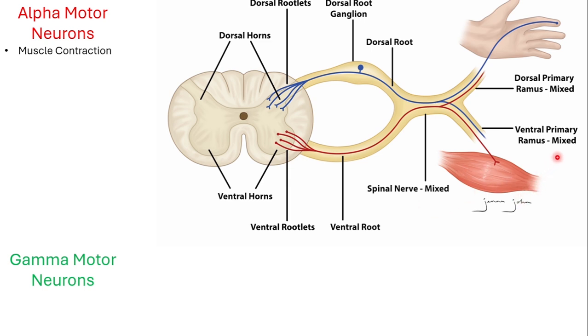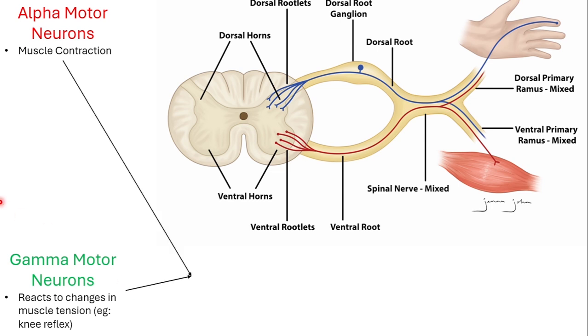So for instance, if we do a knee reflex and we hit with a hammer here at the tendon, there's an increase of tension on that muscle. What senses that increase in tension is the gamma motor neurons. Okay, so the alpha motor neurons are responsible for muscle contraction. The gamma motor neurons react to changes in muscle tension.